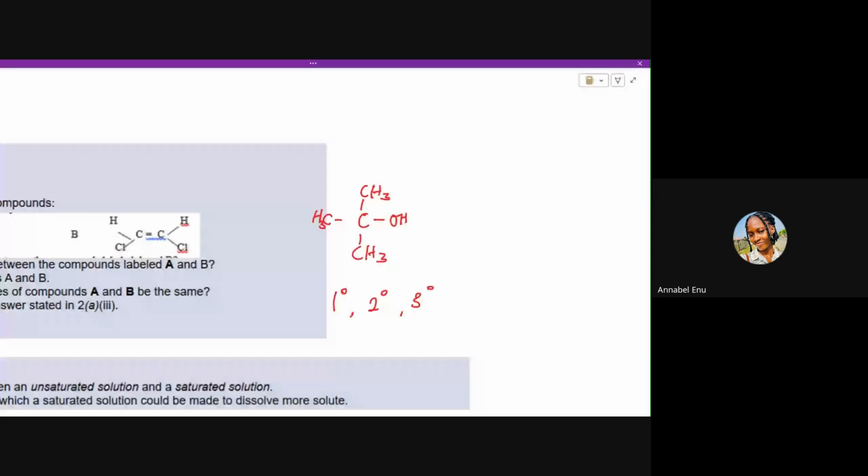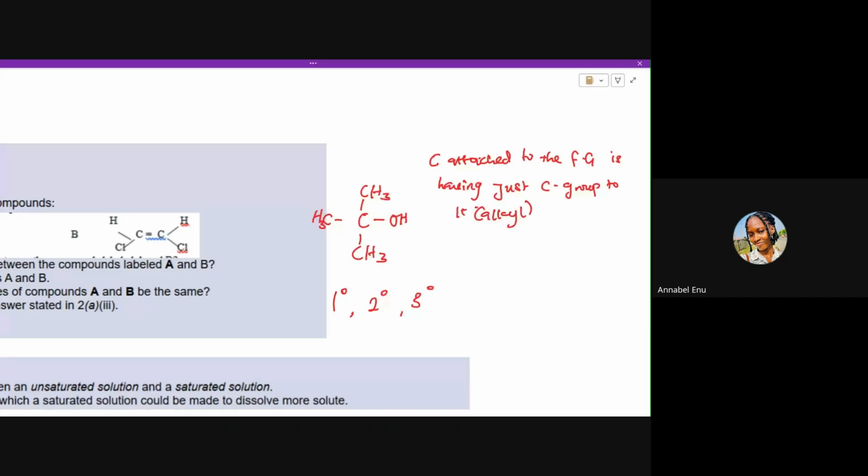We said primary alcohols are alcohols where the carbon attached to the OH group, which is the functional group, is having just one carbon group attached to it, or rather, just one alkyl group. Now this is the carbon that the OH is attached to.